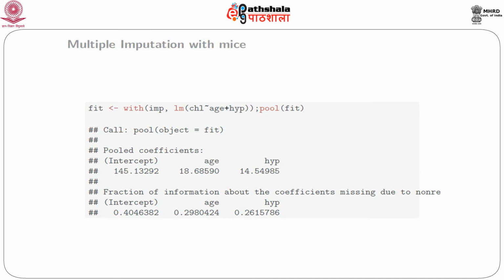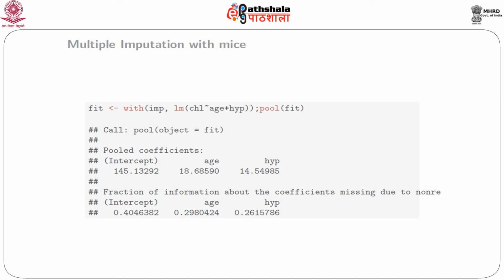Now, let us use the imputed data set. We create an object called fit, using the with function, and inside the with function it is imp, which is the imputed data set. The function that we are applying is lm, regressing cholesterol on age and hypertension.